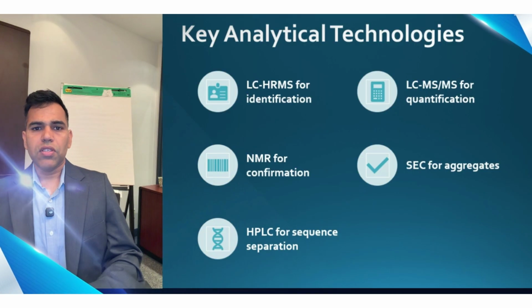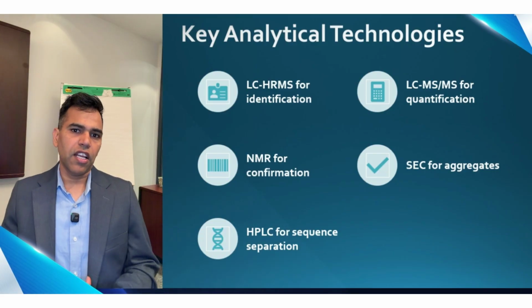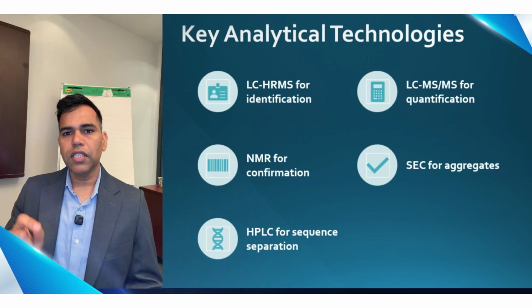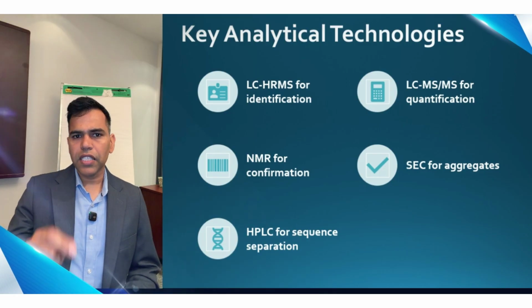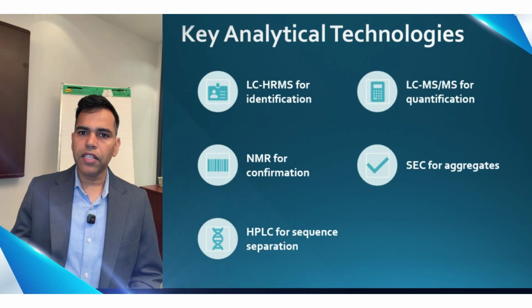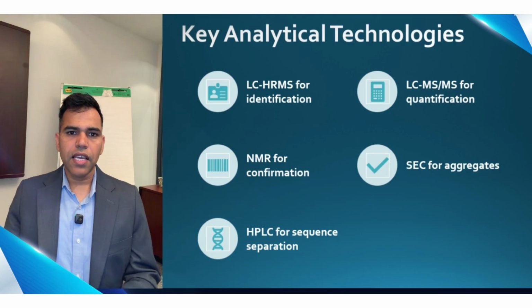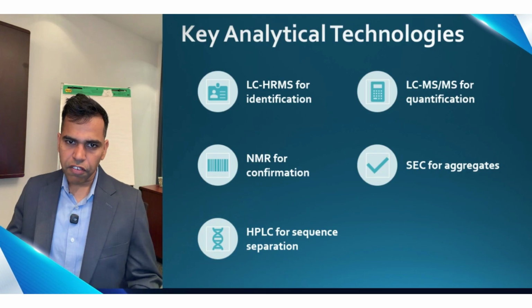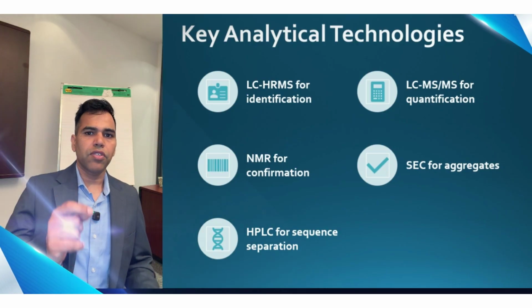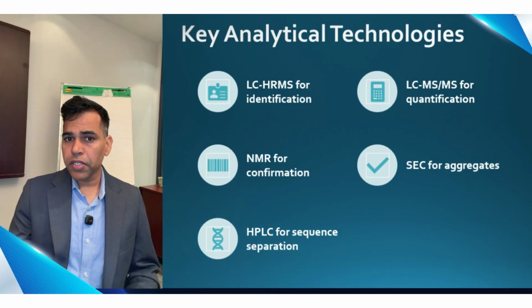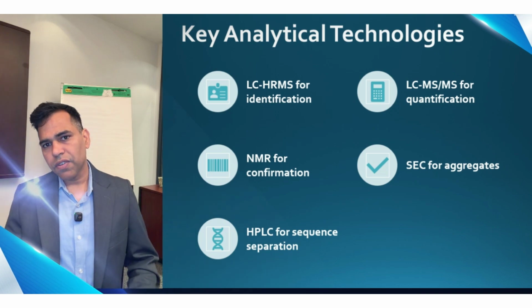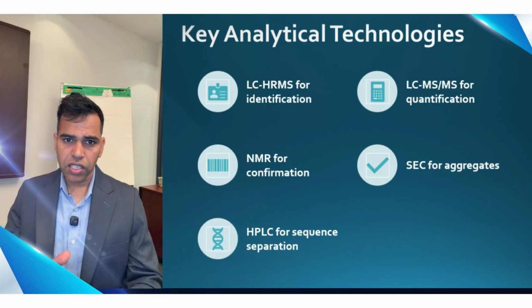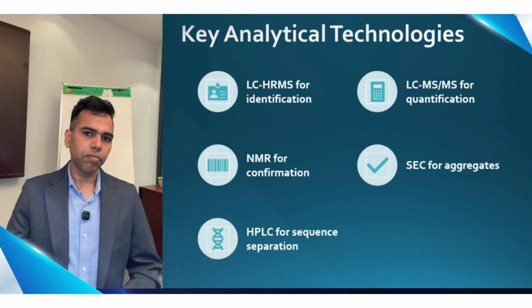Now let's talk about technologies and industry challenges. The analytical toolkit for this work is specific and must be applied in combination. LC-HRMS for identification, LC-MS for quantification, NMR for structural confirmation of novel species, SEC for aggregate detection, and ion pair HPLC for sequence level oligonucleotide separation.